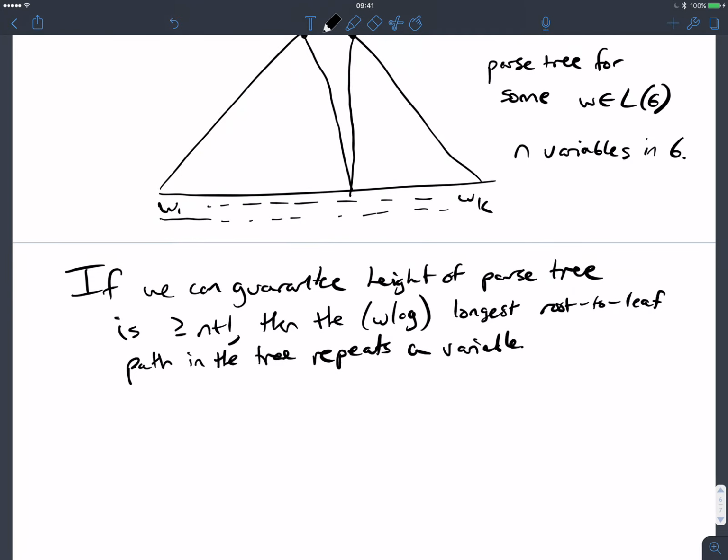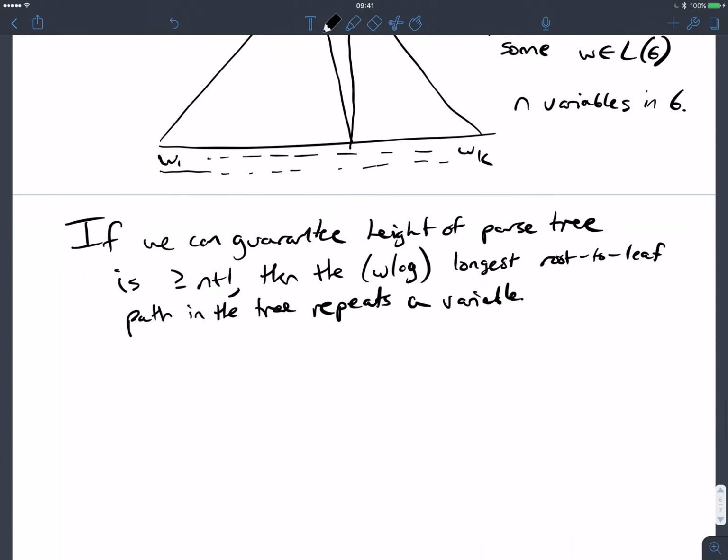If we take all the leaves off the tree, then every node has exactly 2 children, and therefore it's a binary tree. It's going to have internal nodes, which are variables, which have 2 children, which are variables, and they have 2 children, and all the way down.